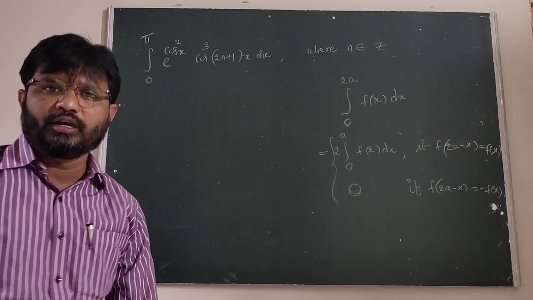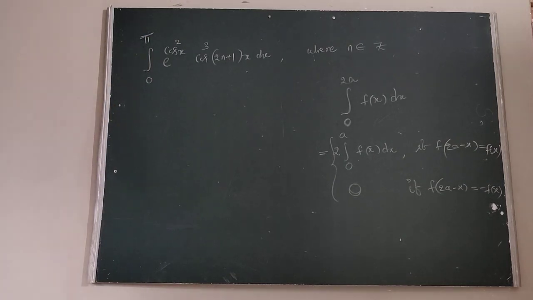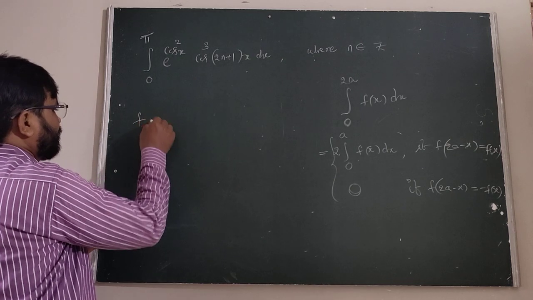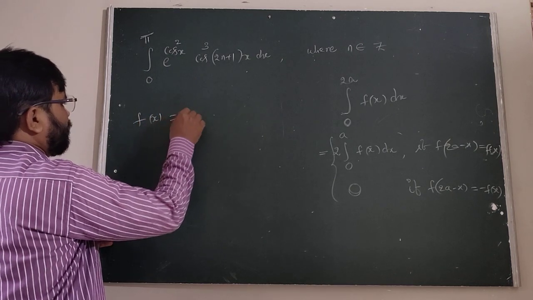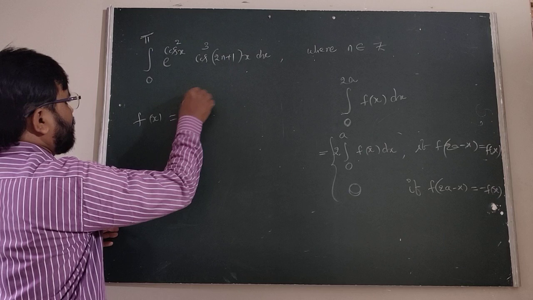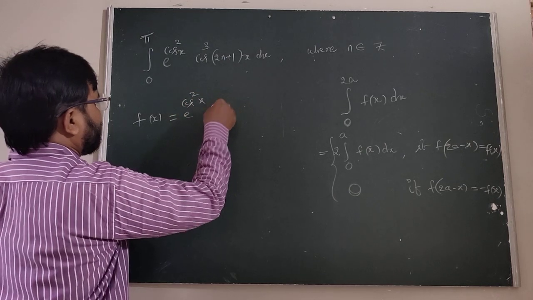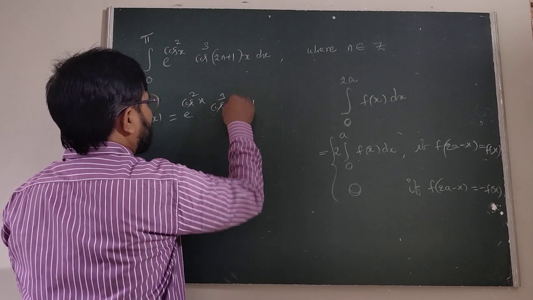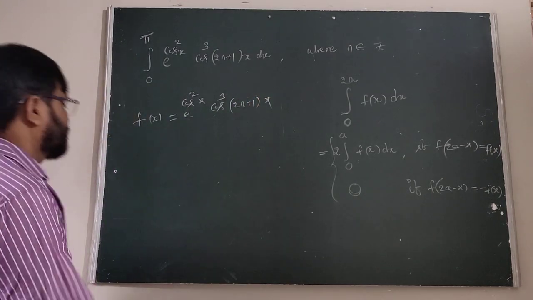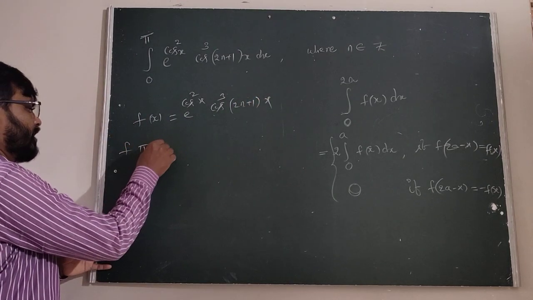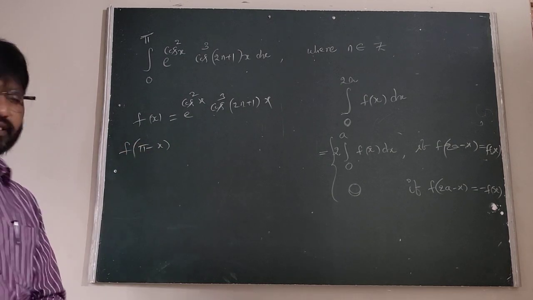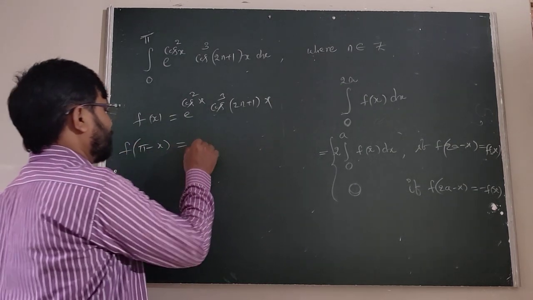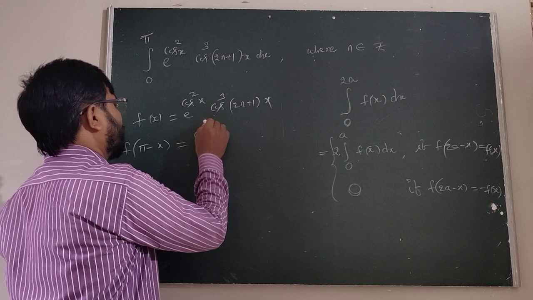Therefore, suppose we take the function f of x equal to e power cos square of x, cos cube of (2n plus 1) x. Now we take f of pi minus x, that is 2a minus x. Then it will be e power cos square of (pi minus x).